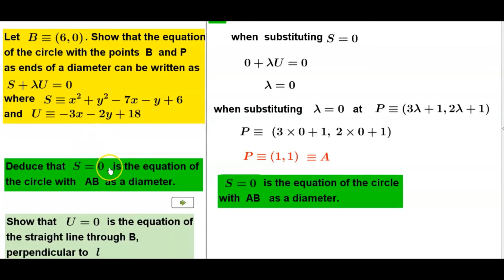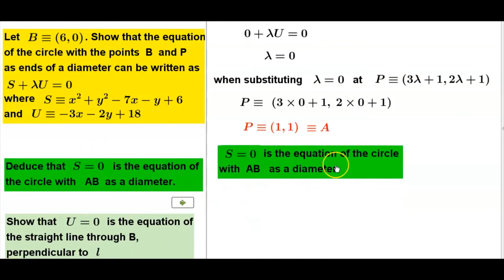Therefore S is equal to 0 and point P becomes point A. Here PB was the diameter, and now AB is the diameter. From S plus lambda U equal to 0 we get S equal to 0, where lambda is equal to 0.